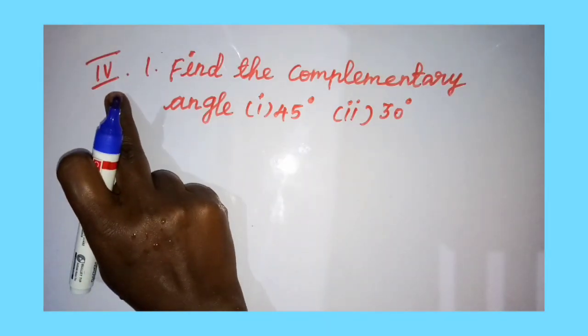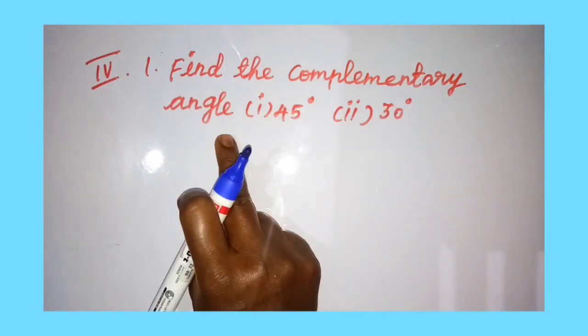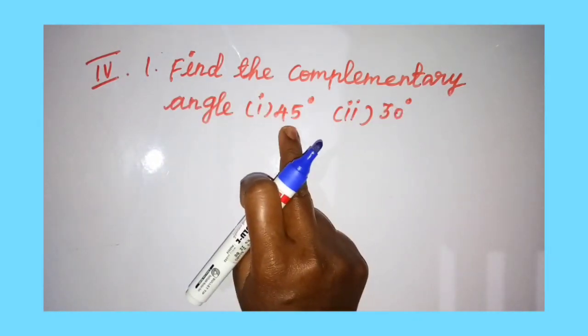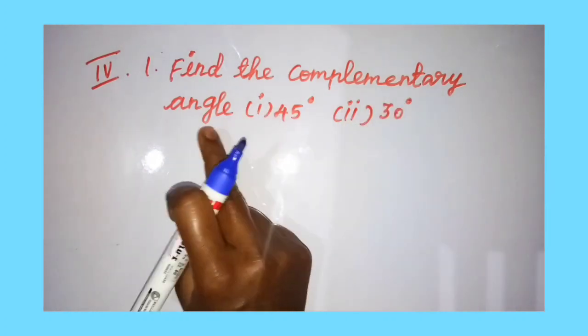Children, see the fourth Roman numeral. First one, find the complementary angle. First one 45 degrees, second one 30 degrees. Already we know the complementary angle value.